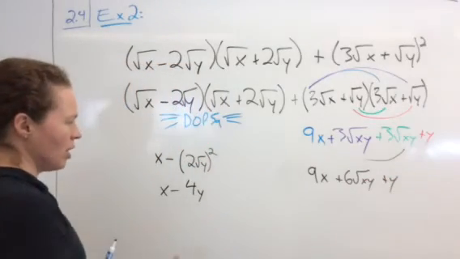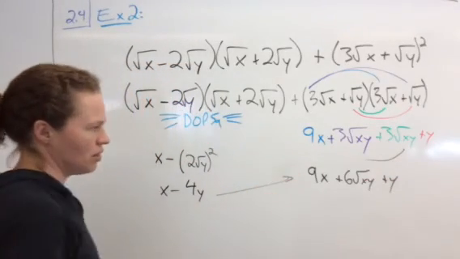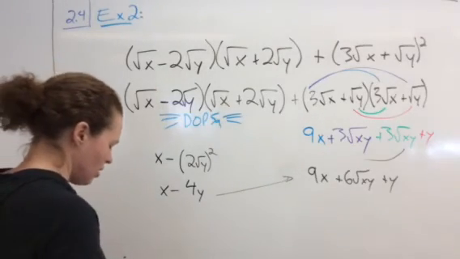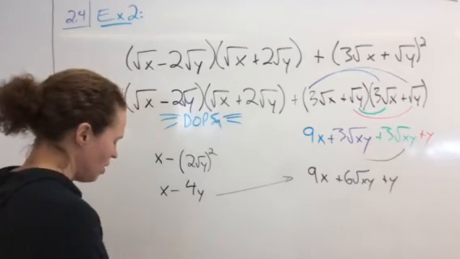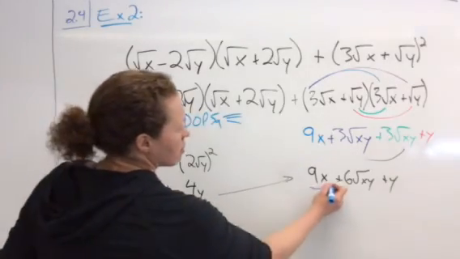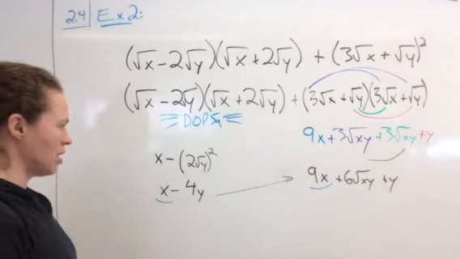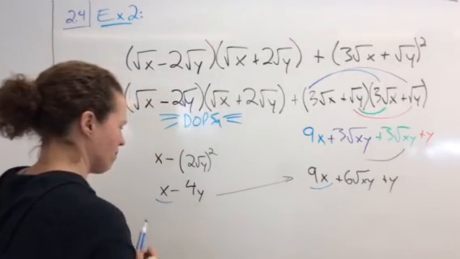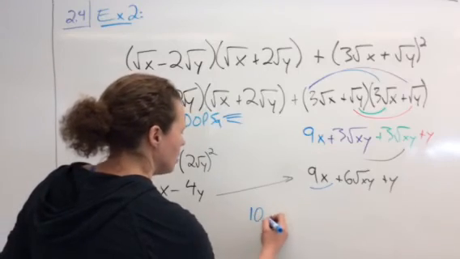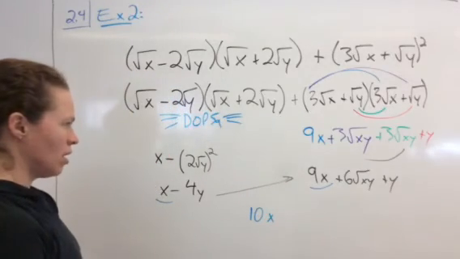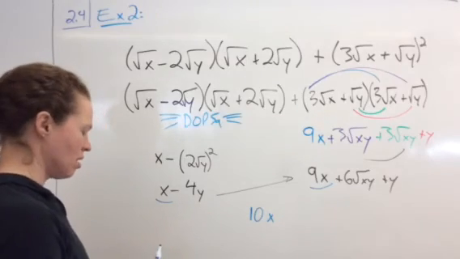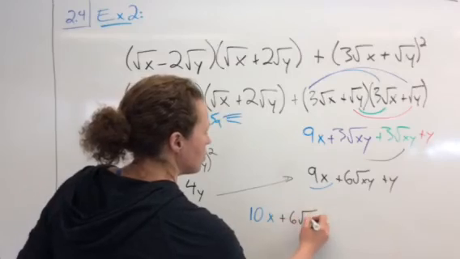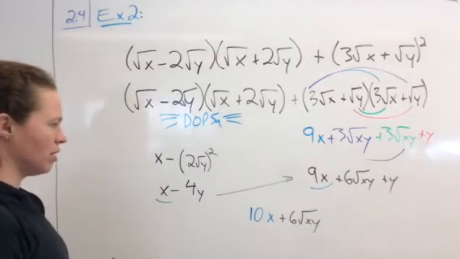Now remember that we had this part over here that we're going to have to join in for the final answer. So I'm going to have, actually, I've got to look for like terms. So I have a 9x and an x. That gives me, may as well use this color, 10x. And I have my plus 6 root xy, because there's only one over there.